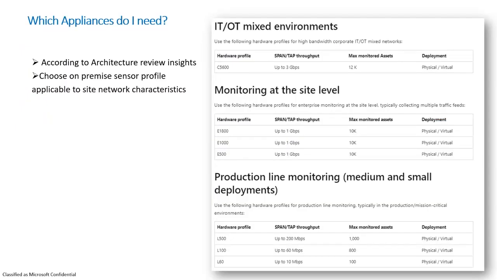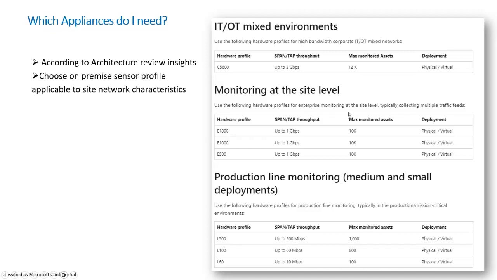Moving on to how to decide what profile of sensor you need. We accommodate all different kinds and types of sites for our customers. For an IT and OT mixed environment where the bandwidth is typically high, which technically maps to 12K maximum monitored assets, this would be the hardware profile.